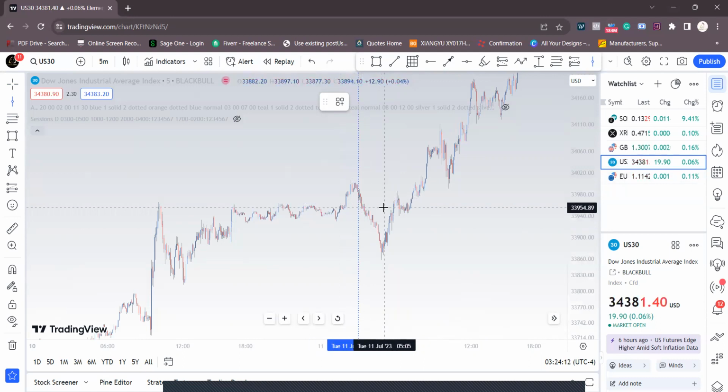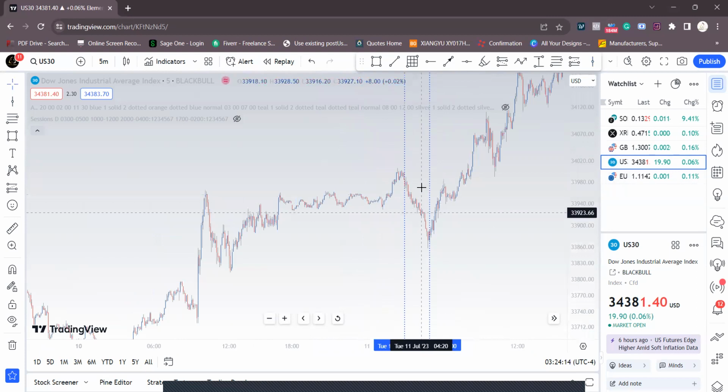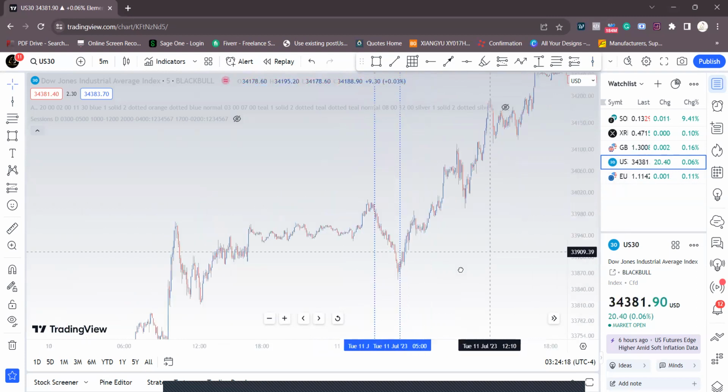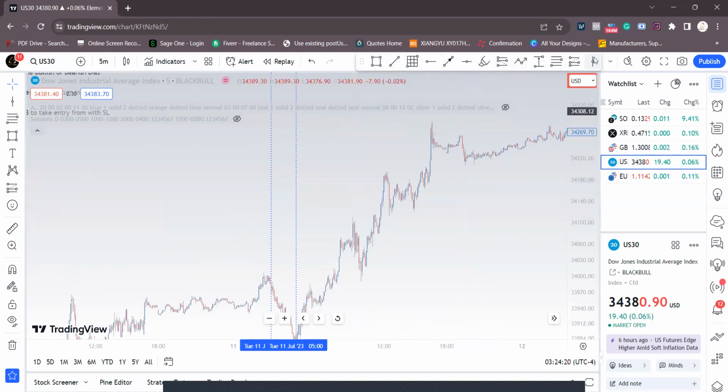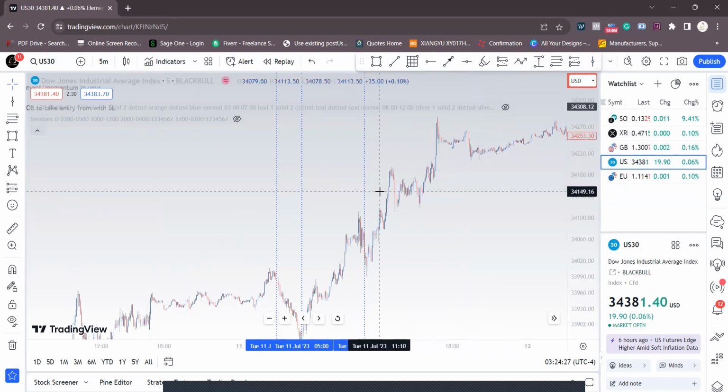Okay, so 3 to 5. That's my kill zone. That's where I'm going to look for trades. That's the only place I'm going to look for trades. Then the afternoon session is 10 to 12.